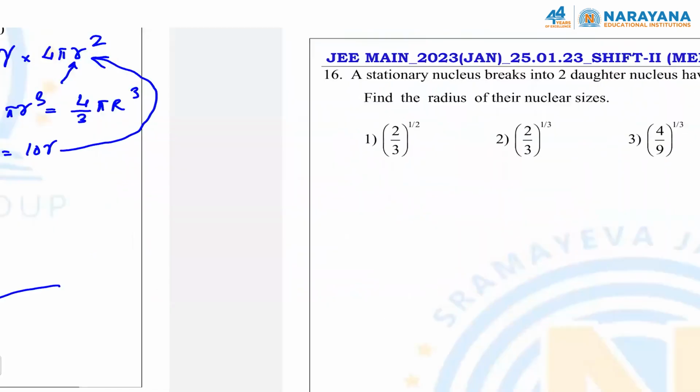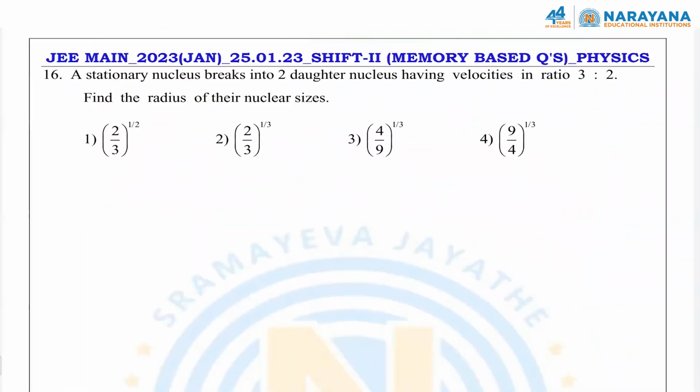Okay. Next question. So we have a stationary nucleus that breaks into two daughter nuclei having their velocities in the ratio 3:2. We have to find the ratio of their nuclear sizes. Now this question is based on two concepts.